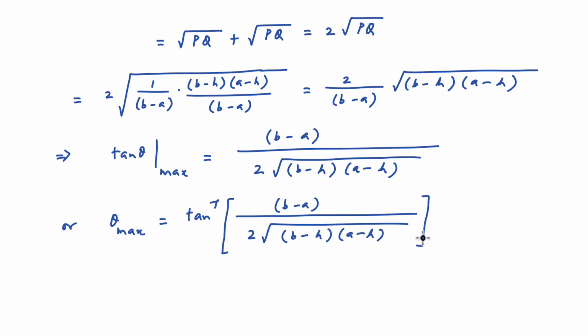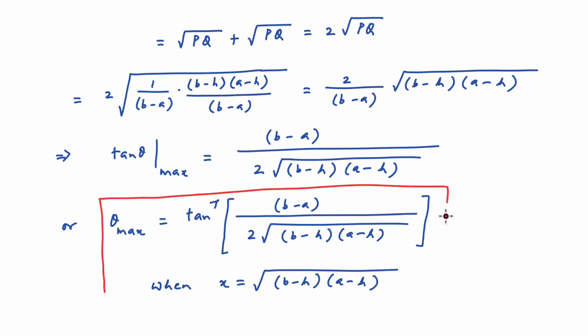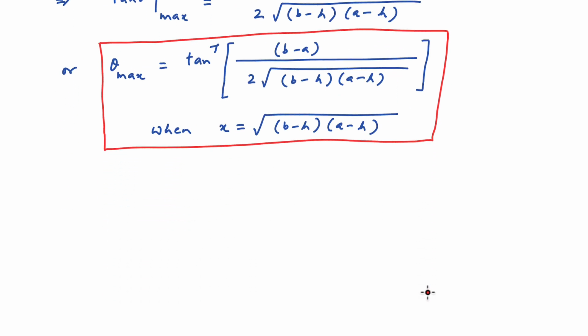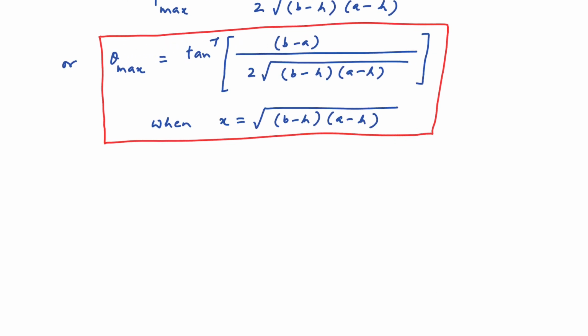And this value of theta is obtained when x is equal to the square root of (b minus h) times (a minus h). And these are the values for the optimum location of the observer that gives him the best viewing angle of the painting. Let's put in the values of a, b, and h.